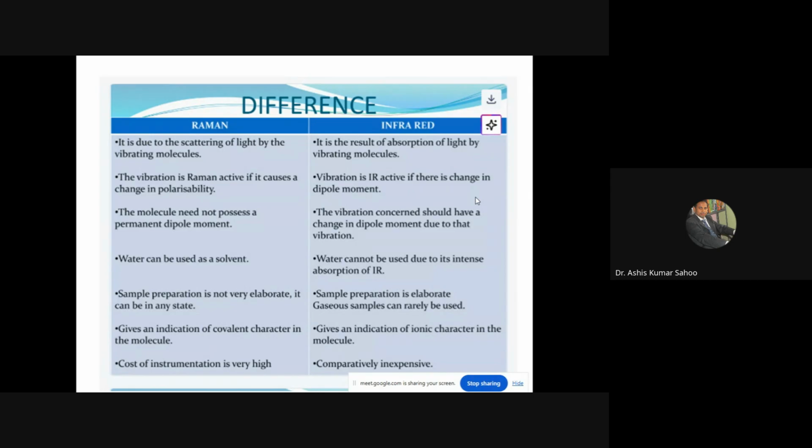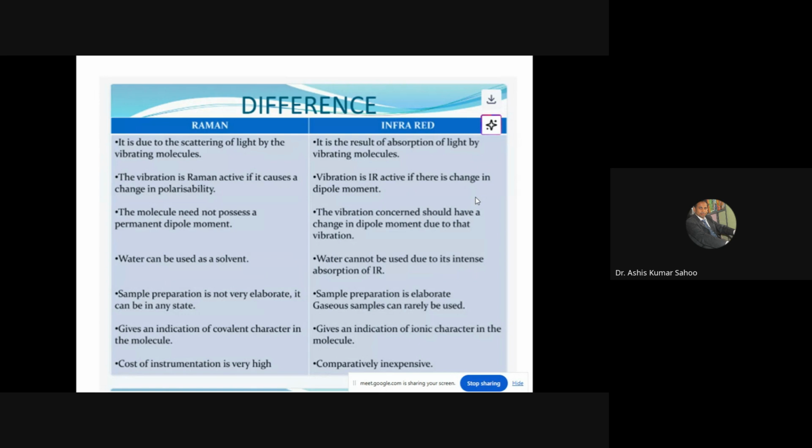In infrared, sample preparation is elaborate, and gaseous samples can rarely be used. Infrared spectroscopy gives an indication of ionic character in the molecule.